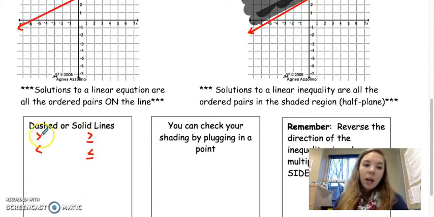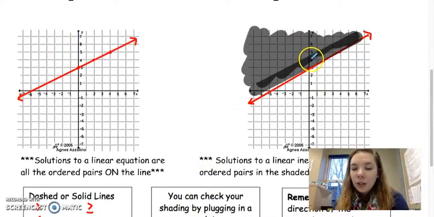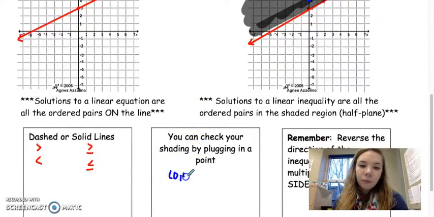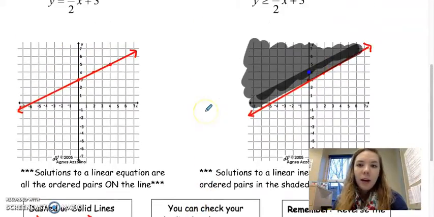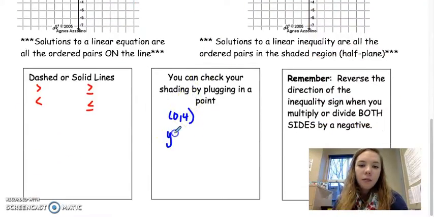All right, so if you have a dashed line, that does not include points on the line, just points above or below the line. You can check your shading by plugging in a point. So let's say I want to check and make sure I shaded this correctly, and I want to plug in the point (0, 4). I had y is greater than or equal to 1/2 x plus 3.